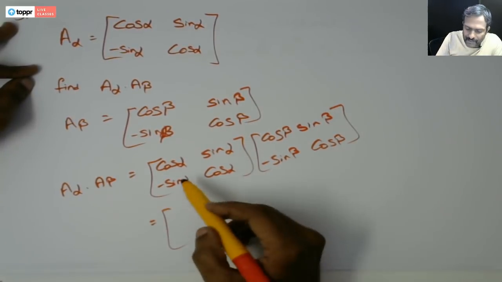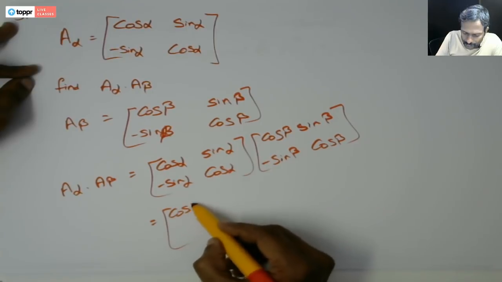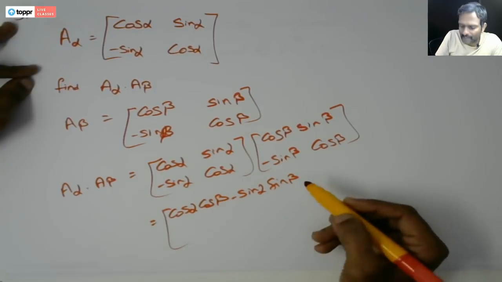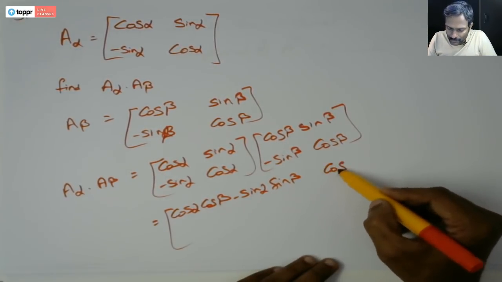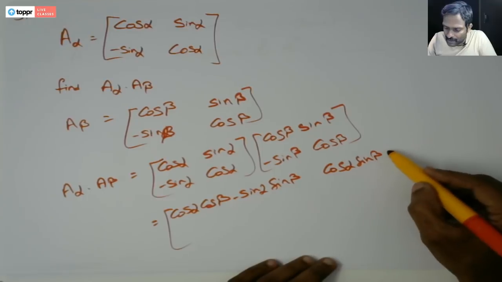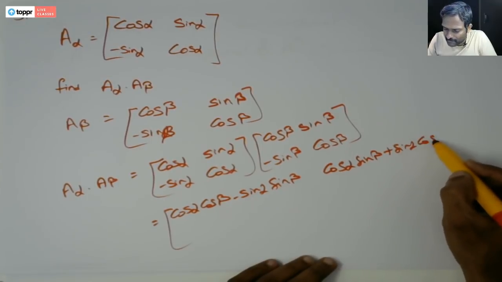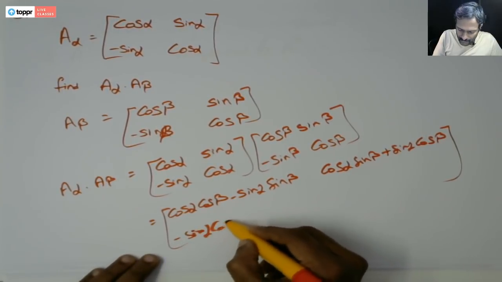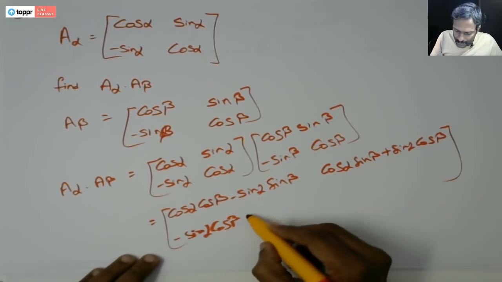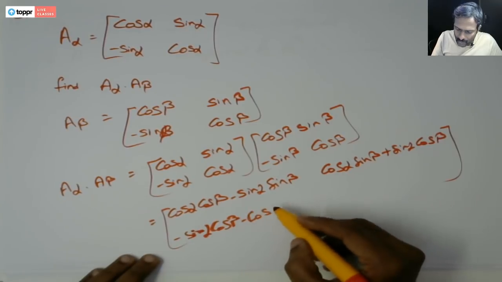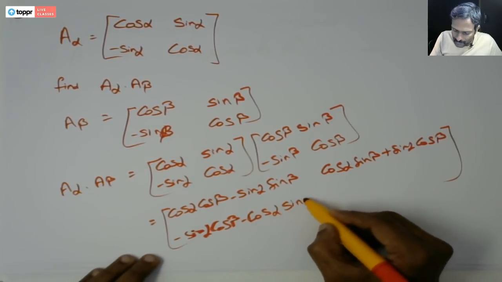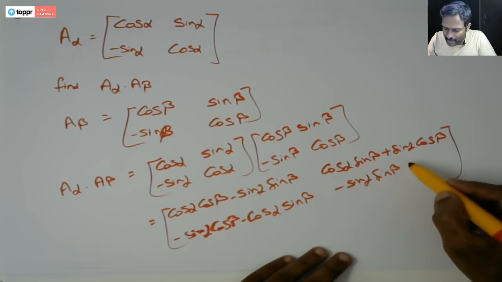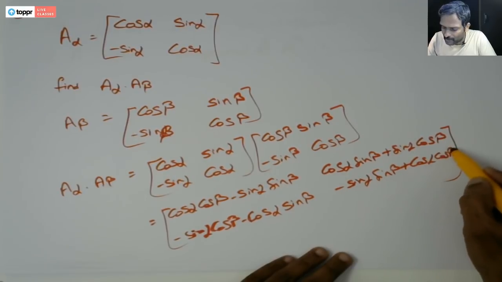So the product is cos alpha cos beta minus sin alpha sin beta, and then cos alpha sin beta plus sin alpha cos beta. Similarly, minus sin alpha cos beta minus cos alpha sin beta, and here minus sin alpha sin beta plus cos alpha cos beta.